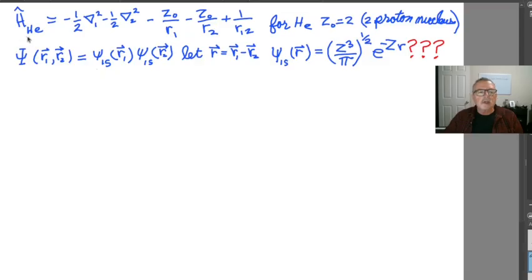So this looks like what we had before, except for the Z. What is the Z? That's the effective charge, and it is 2 because it's a 2-proton nucleus. Now, we're going to try to figure out this function over here that we can't deal with.